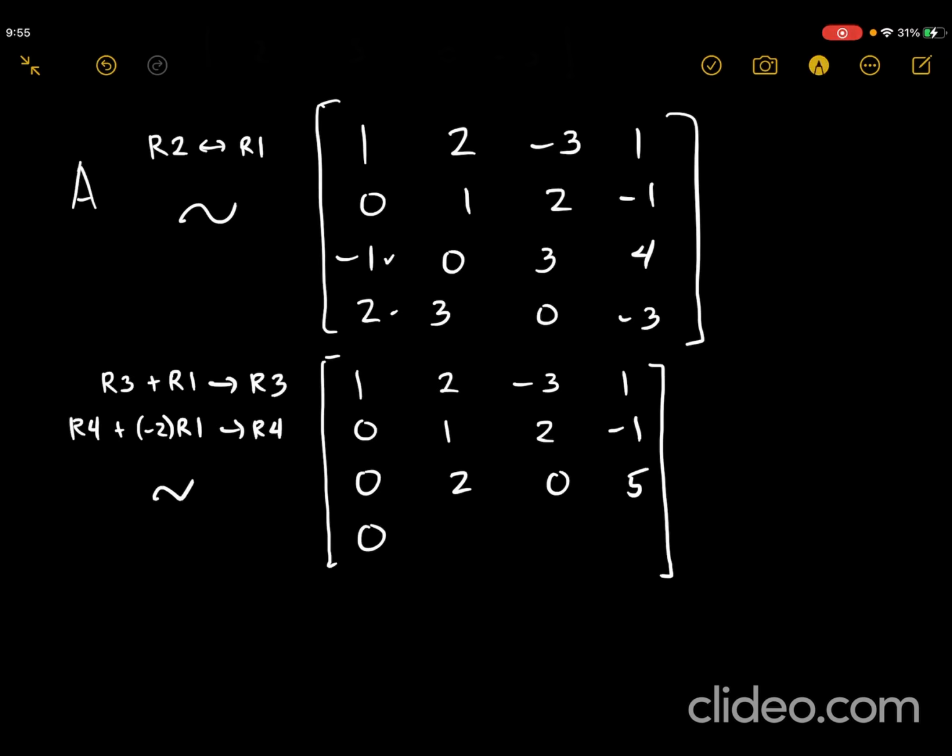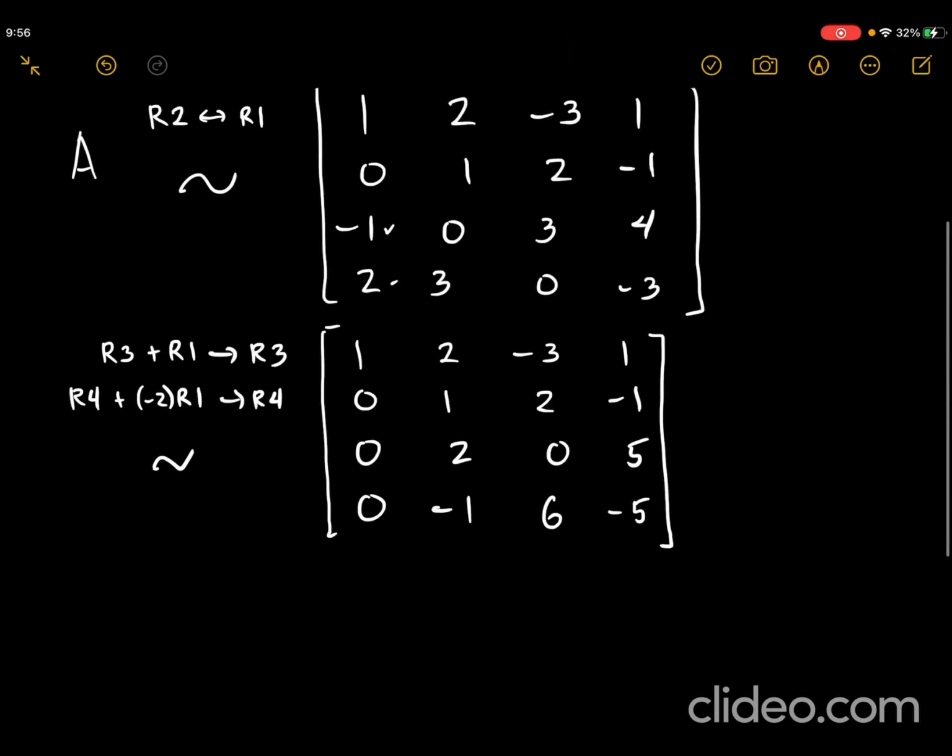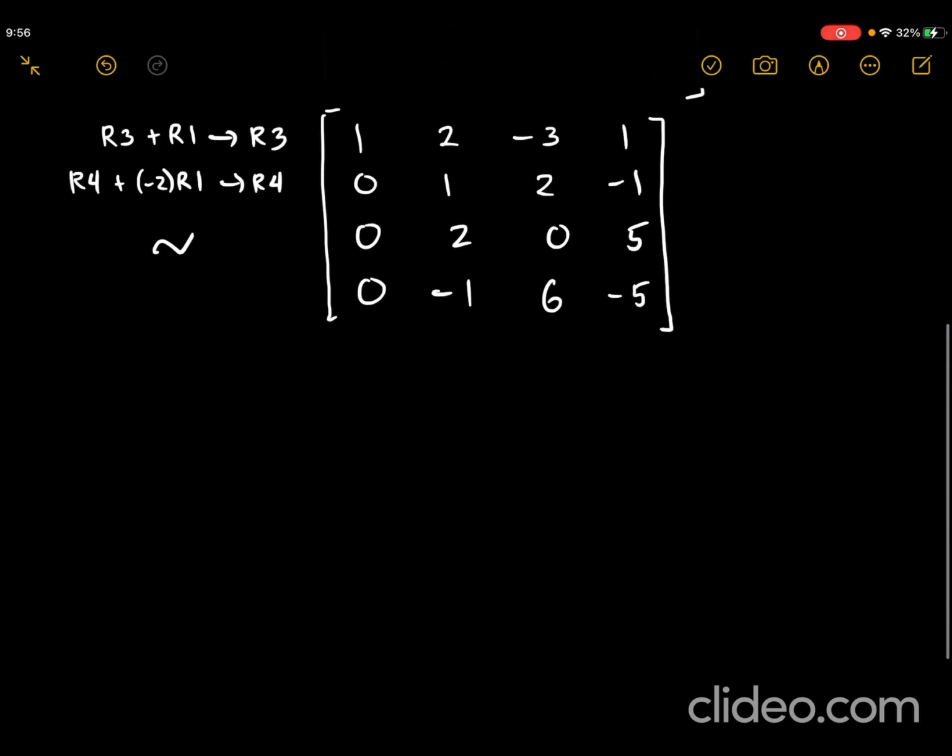So we'll have 0 here, -4 plus 3, -2 times -3 will be 6 plus 0, and -2 times 1 plus -3. After doing that, we have eliminated the entries directly below this leading 1 in the first row.